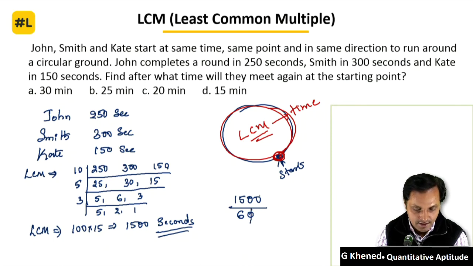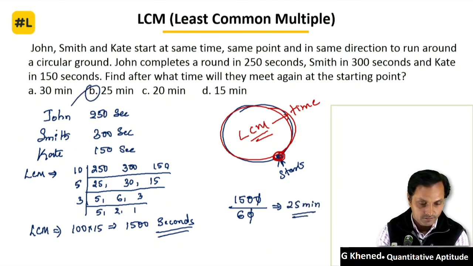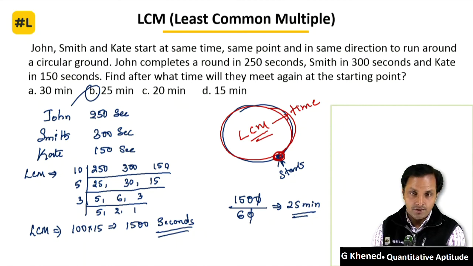So if you cancel, that will be 150 divided by 6 is 25 minute. Which is nothing but your option is B. Option is B, 25 minute.